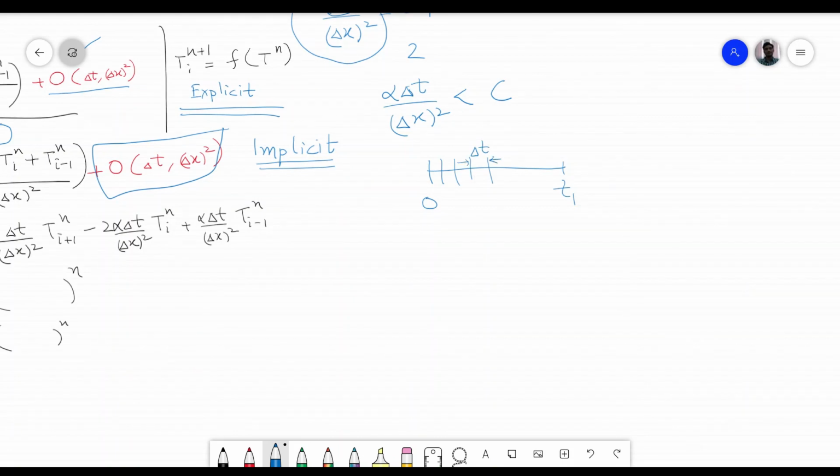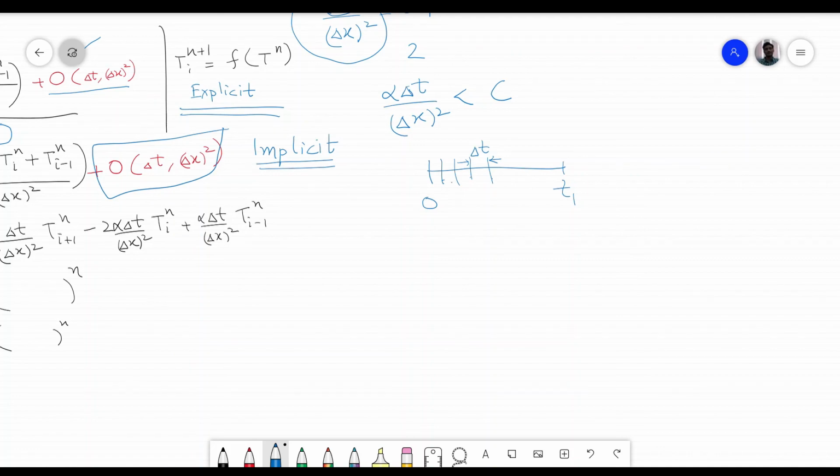You cannot take big delta t values. So you have to solve at each of these time steps, and it will take more time steps to reach t1 as compared to an implicit discretization. So you increase your simulation time and cost.